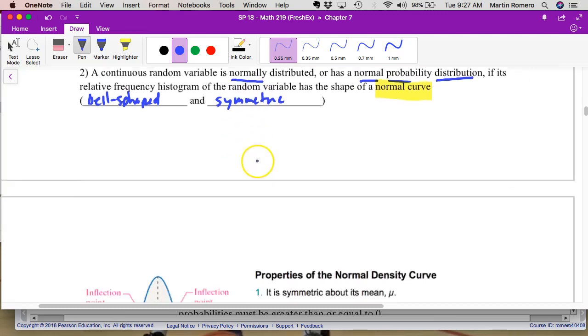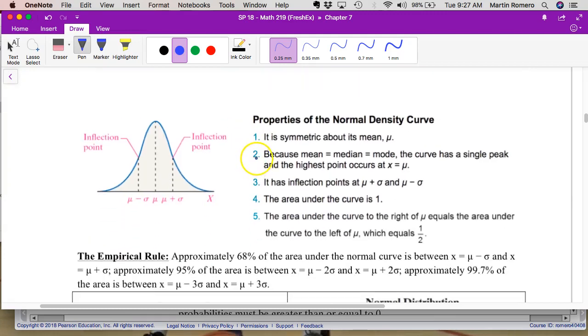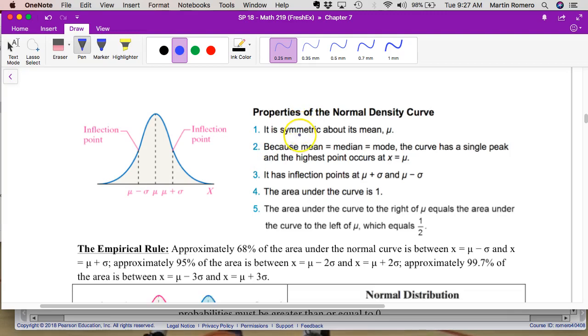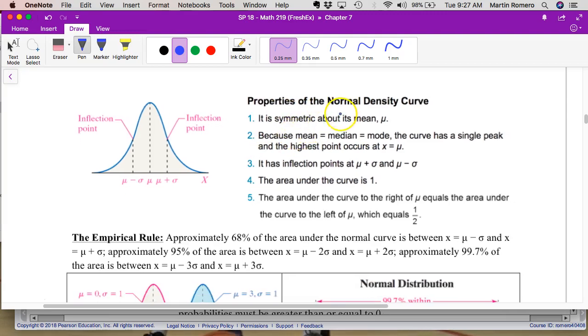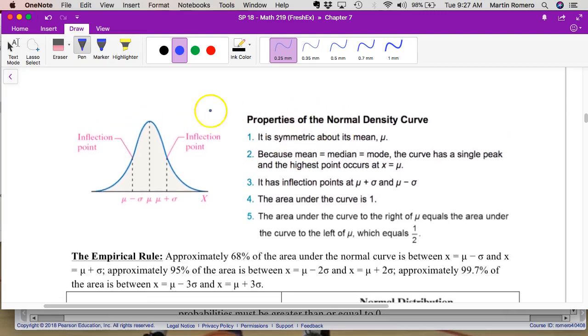On the next page, we see some examples of a normal curve and the properties of a normal density curve, because we're going to be using these to solve probability problems. Normal density curve. Again, density and the idea that we're going to solve probability problems using this curve.